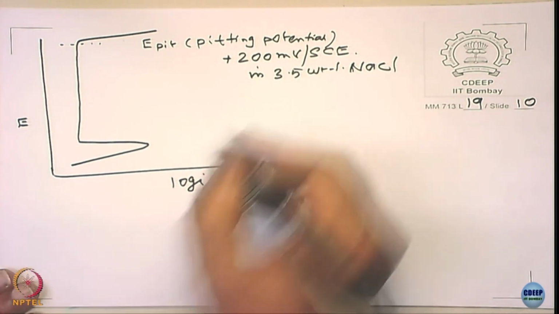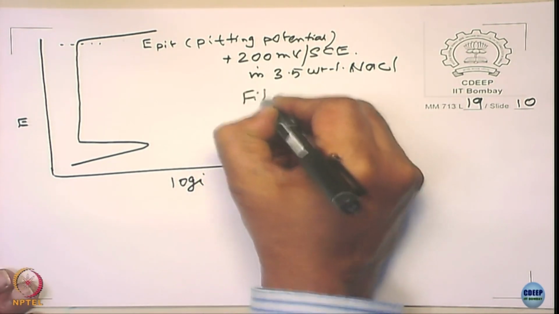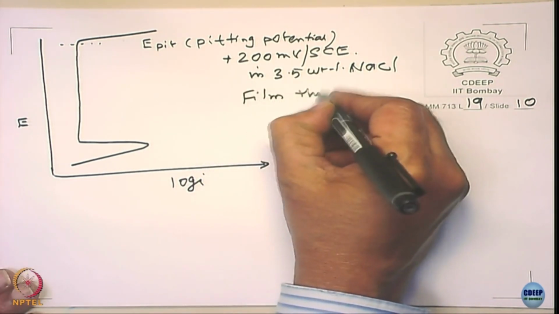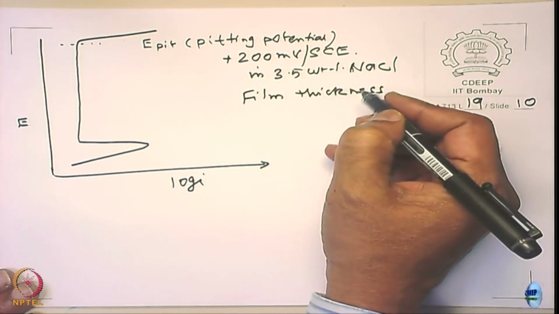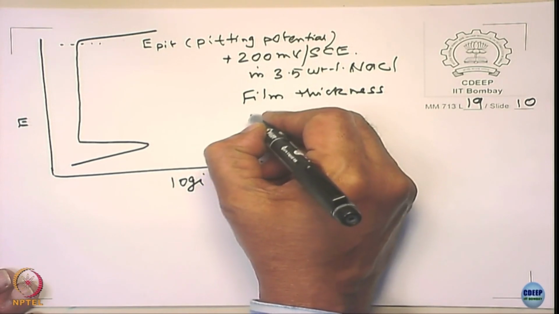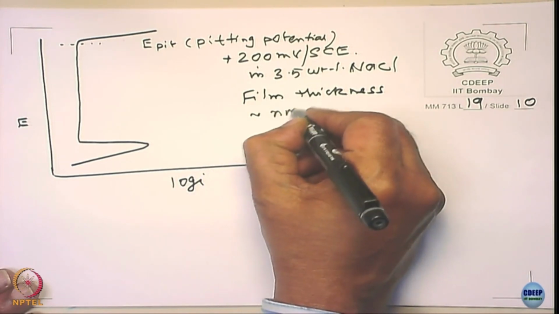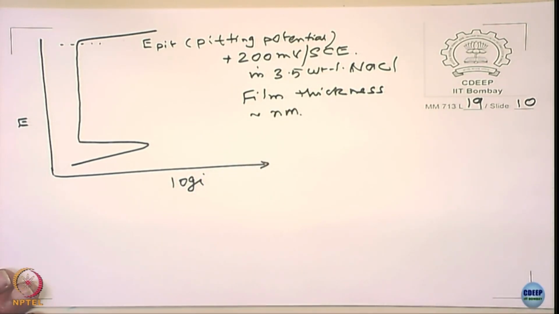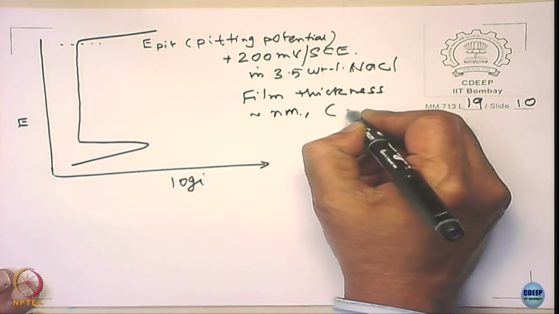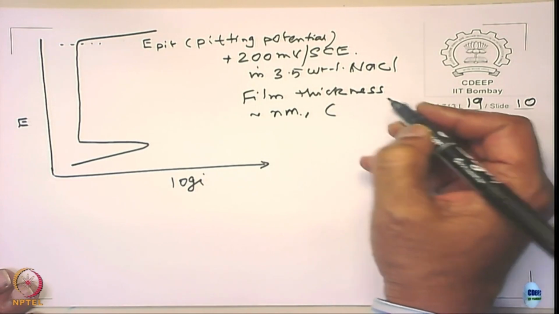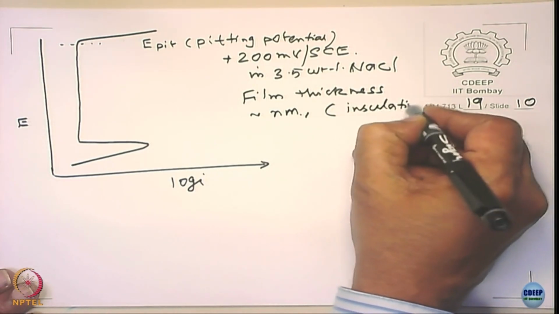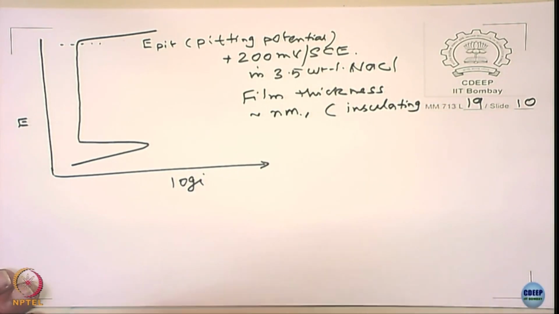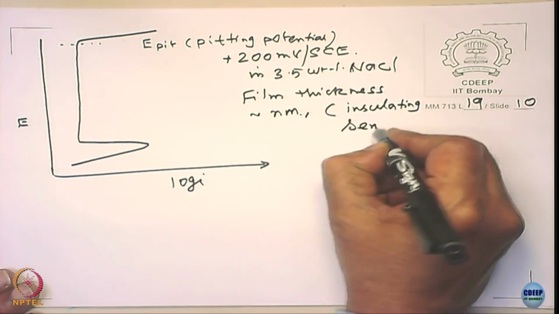But if you look at the film thickness, when I say film thickness, I mean the passive film thickness, they are in the order of nanometers. The metal is highly conducting. This film you can consider approximately insulating, or you may consider it as semi-conducting, both.